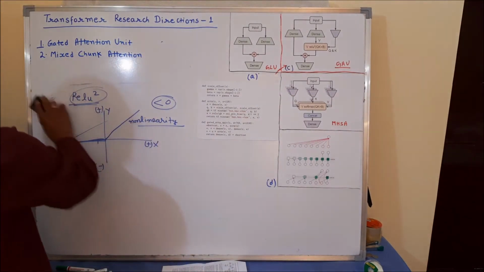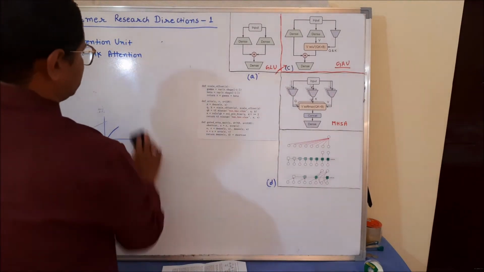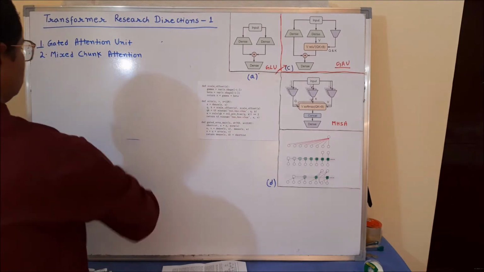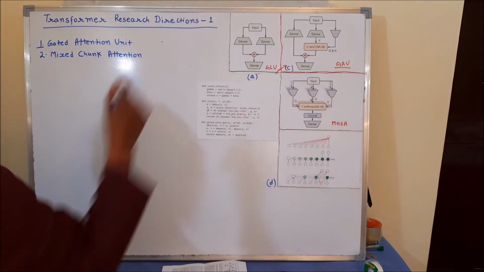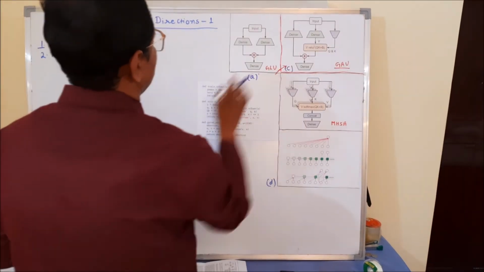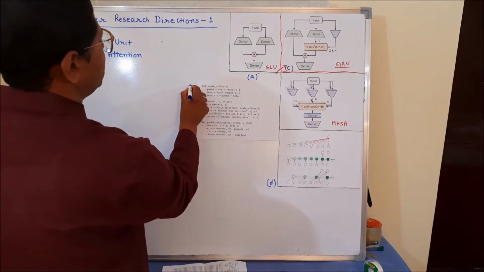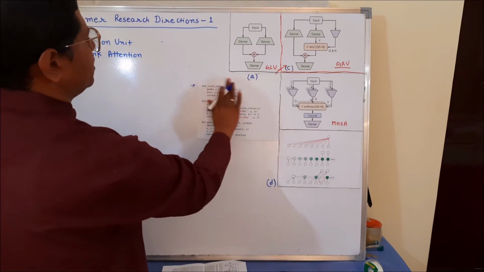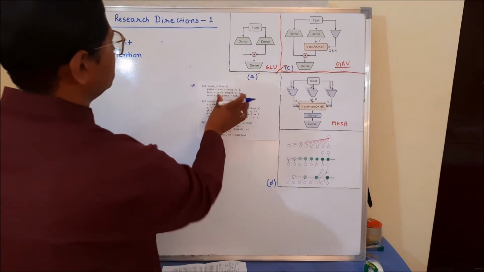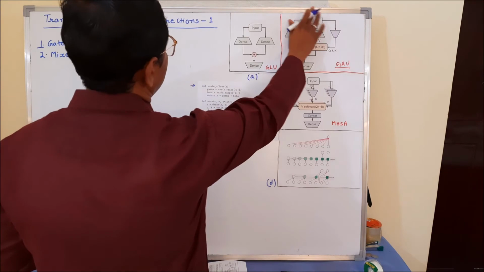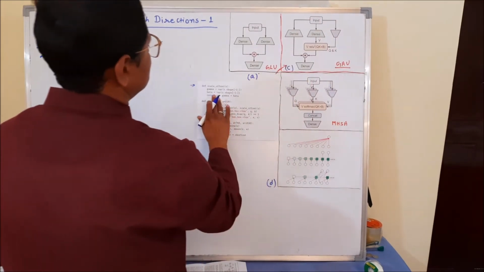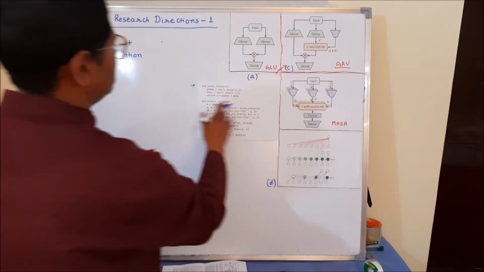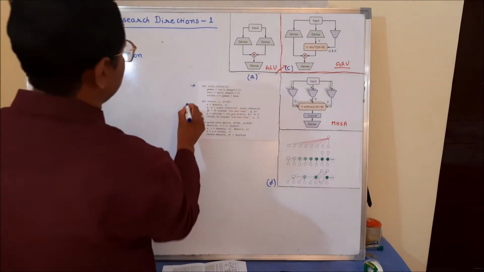Now let us try to understand the rest of the parts, like how the gated attention unit actually works. First of all, the first part is to take the scale offset and values, like how we take the input and make some offset calculations and other things. No need to explain this part.